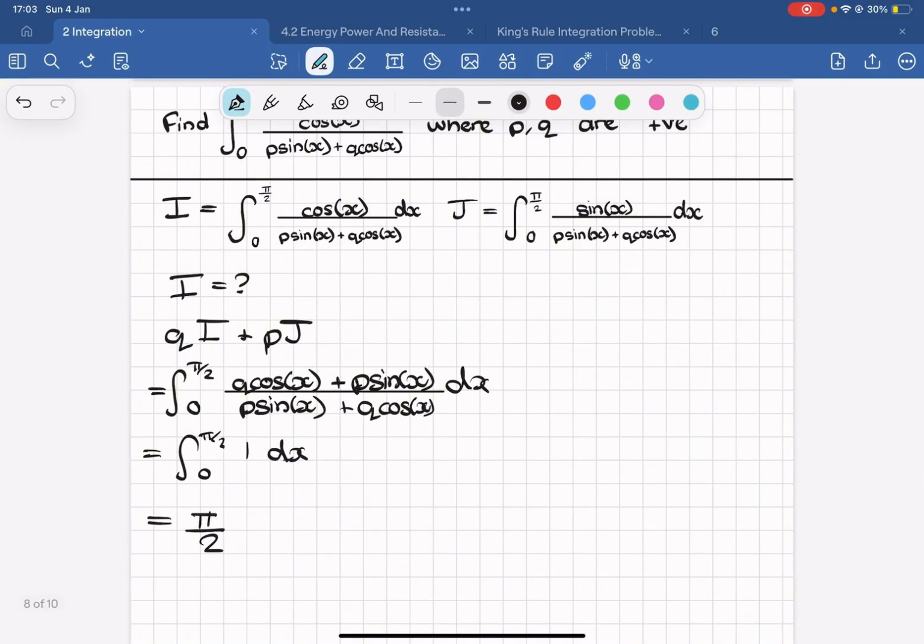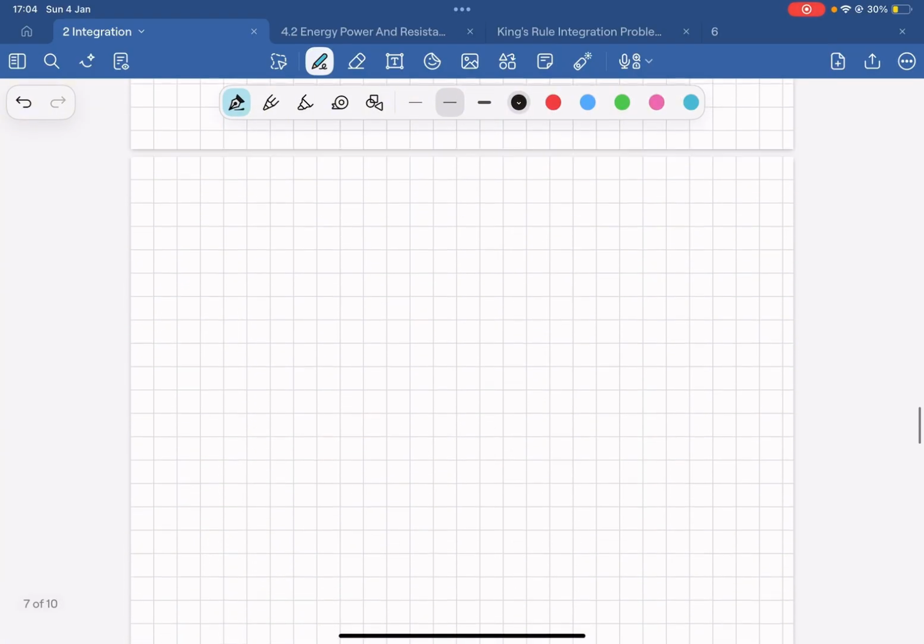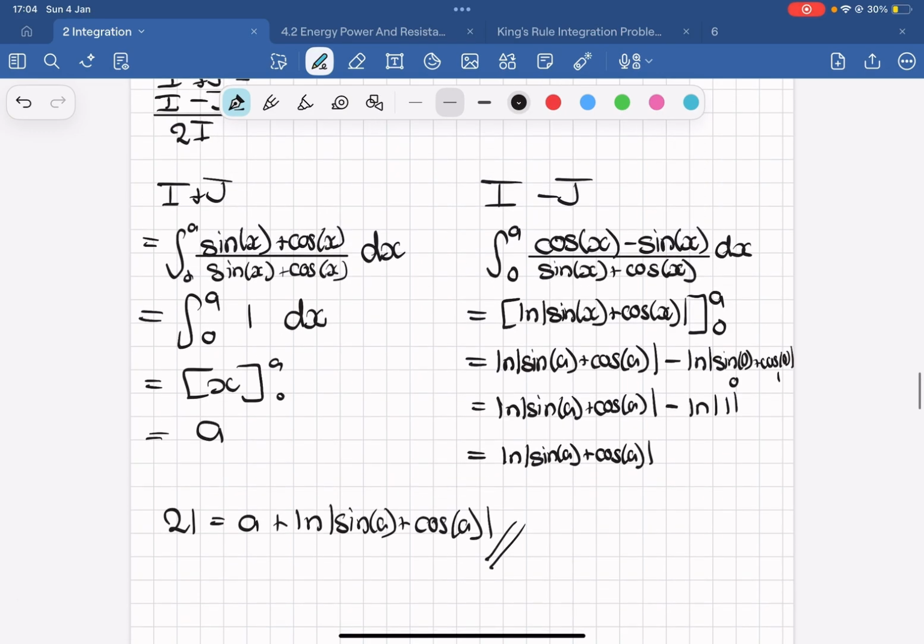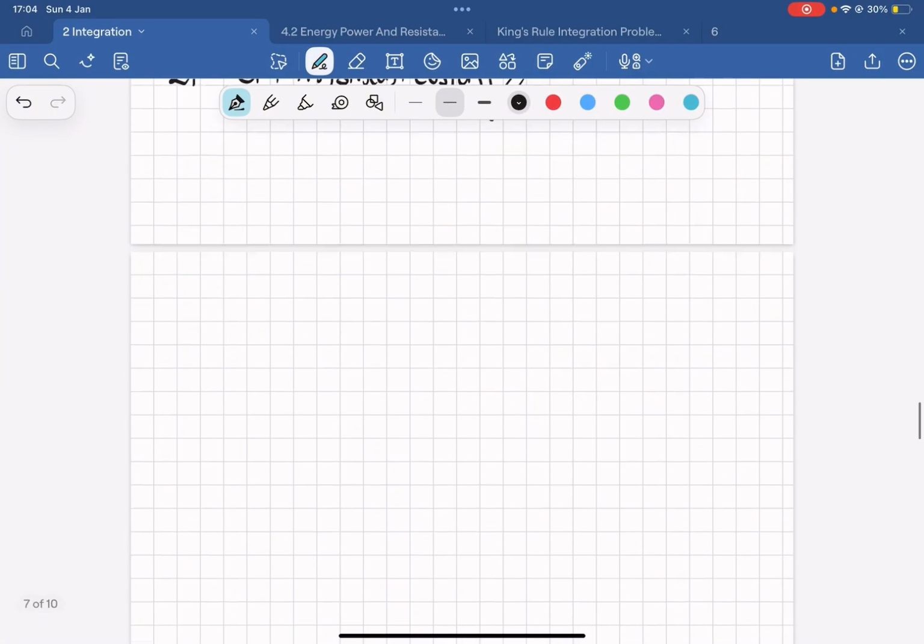Now, for the negative part, if you see in the last part, with the subtraction of J from I, we had that our numerator was the derivative of our denominator.